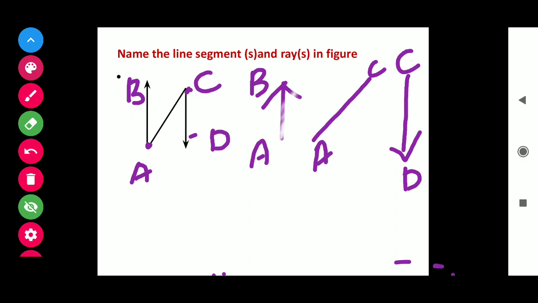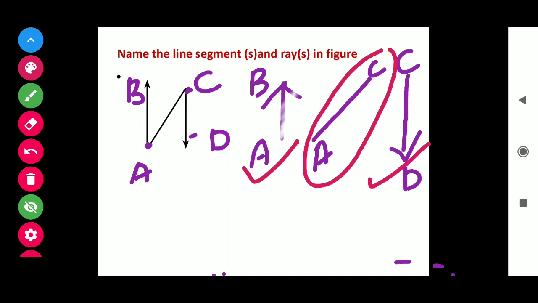One and second one, and third one is line segment. So in this figure, two rays are there.